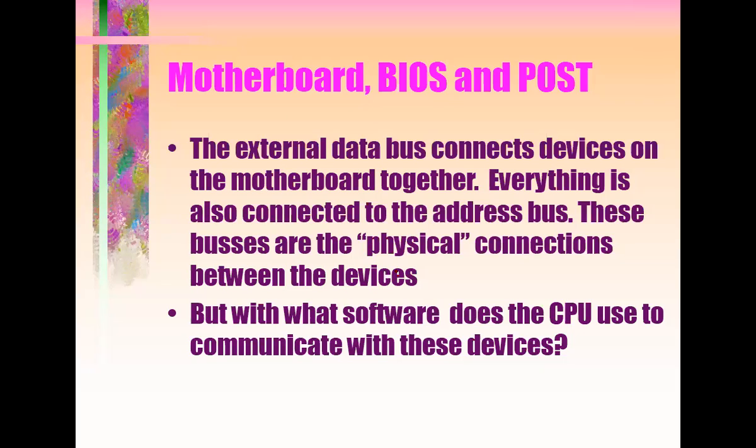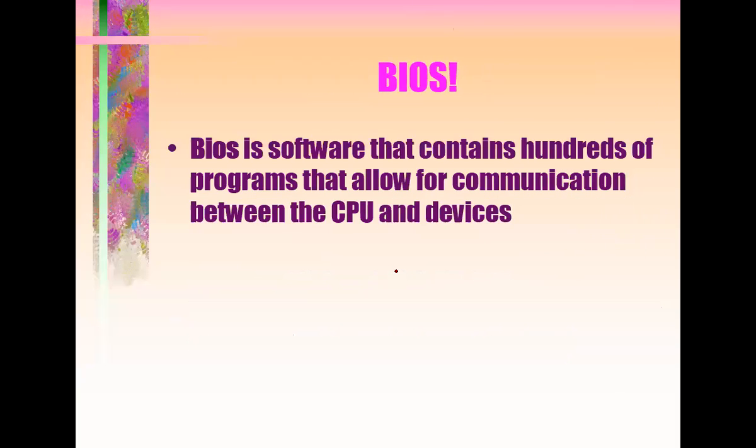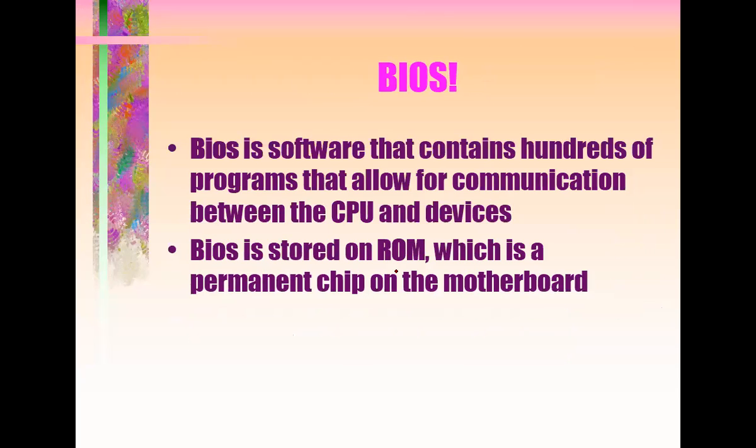Then after that, the CPU will need to connect with other devices, and therefore it also needs a form of software to be able to perform that, and that software is the BIOS. So BIOS is the program that allows communication between the CPU and the devices.